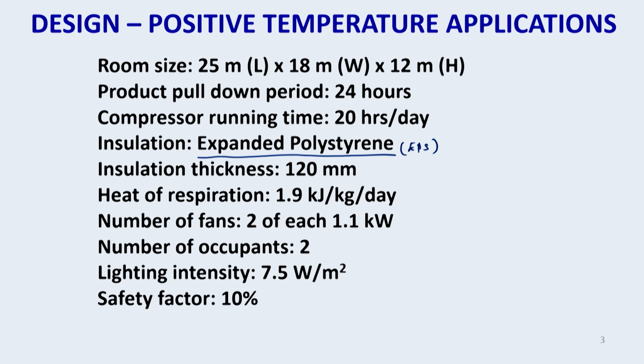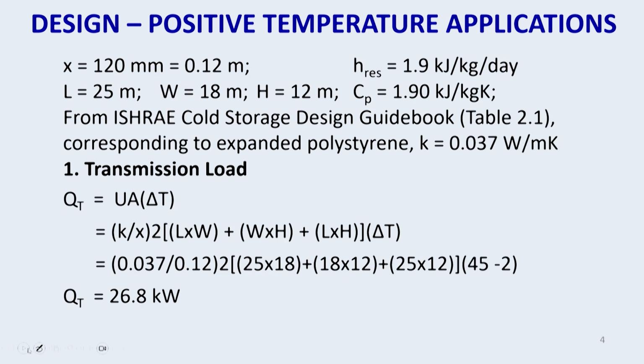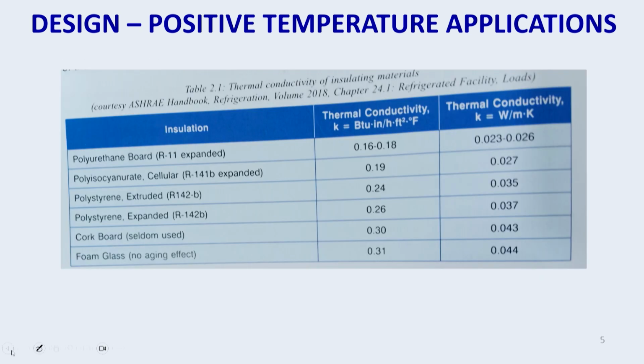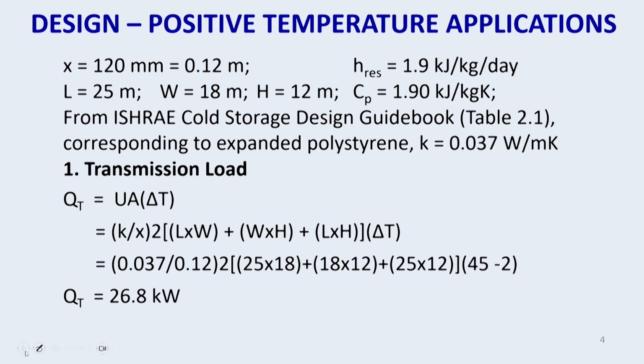Thickness of the insulation is 120 millimeter. Respiration heat load is given. Number of fans 2 of each 1.1 kilowatt power rating. Number of occupants 2. Lighting intensity is 7.5 watts per meter square. Safety factor is 10%. So let us design the cold room step by step.